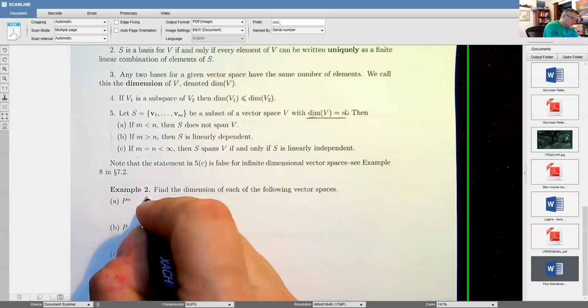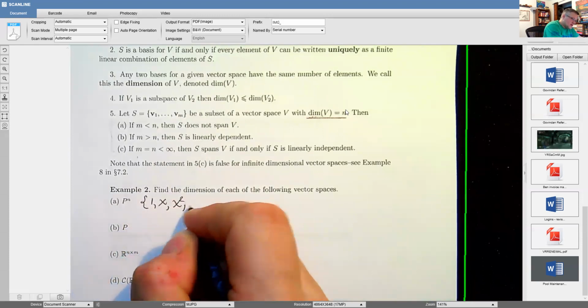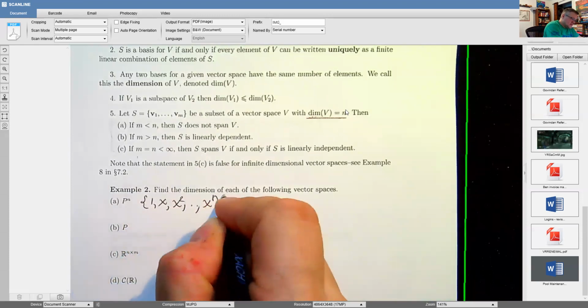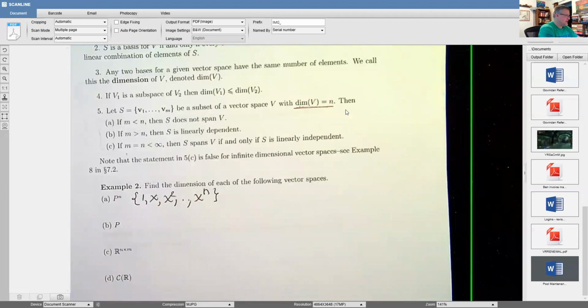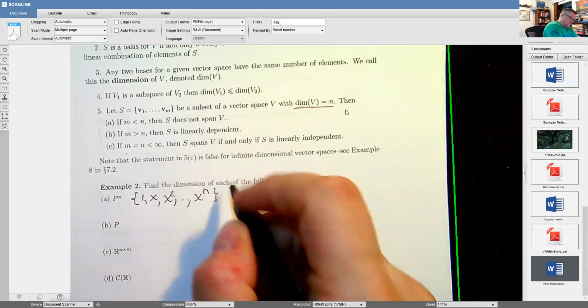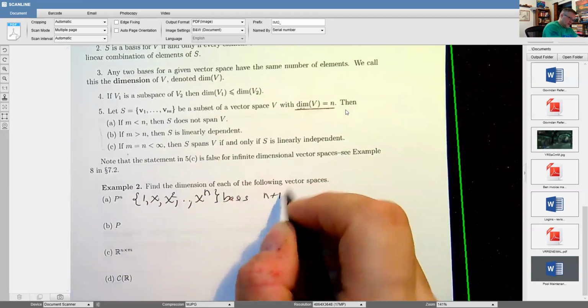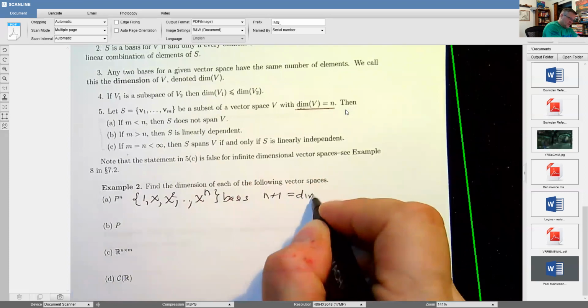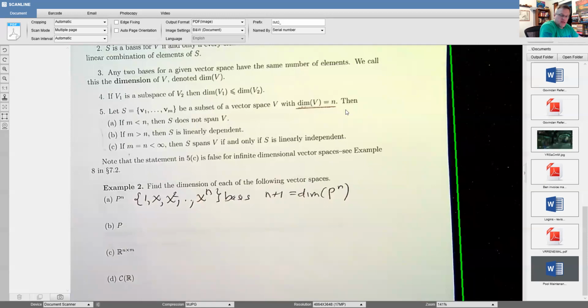So a typical basis here would be 1, x, x squared, and then up to x to the n, right? That's kind of the canonical basis for Pn. And so the number of elements in that basis is n plus 1, and so that's the dimension of Pn, right? It's the number of elements in a basis.